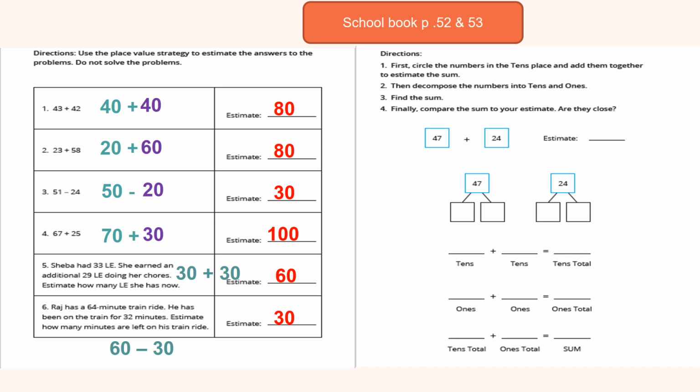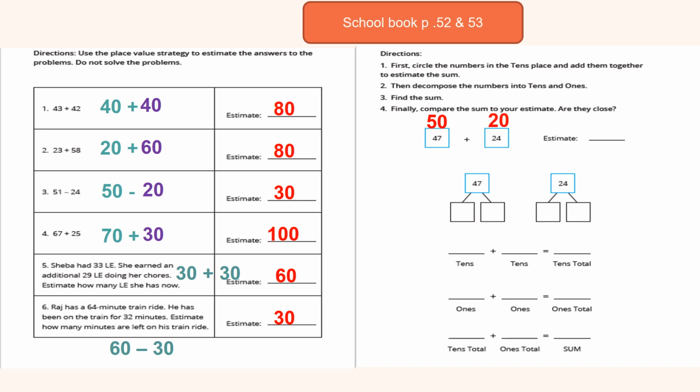Let's estimate 24. 24 between 20 and 30. Look at ones. Ones is 4, 4 less than 5. So we will stay in the same door. So 24, it will be 20. Let's add 50 plus 20. 50 plus 20 equals 70.